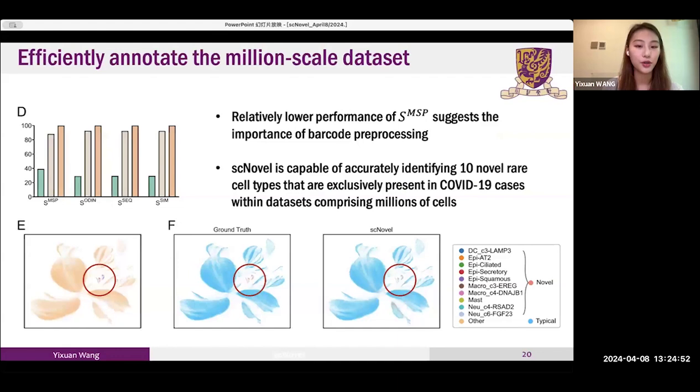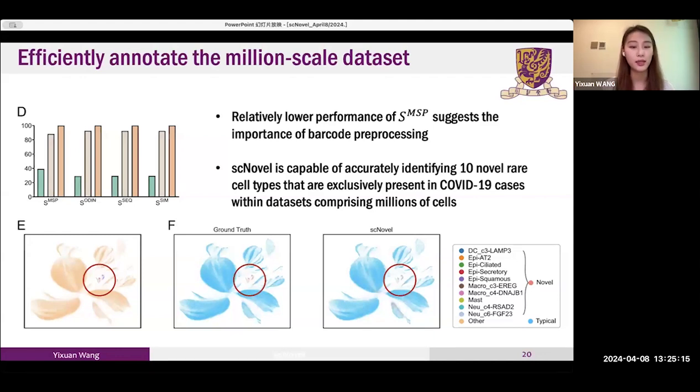Figure D here gives a more comprehensive view of the four inference modes, or the four score functions, that we have mentioned earlier. The relatively lower performance of SMSP suggests the importance of incorporating the AUROC preprocessing model in our framework.